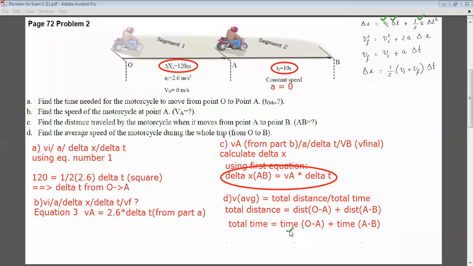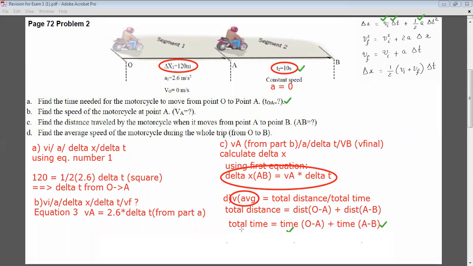Time from O to A, we calculated it in part A. Find the time needed for the motorcycle. This is it. And time from A to B is given. So I just add these two, and then I divide total distance by total time, and I get my average.